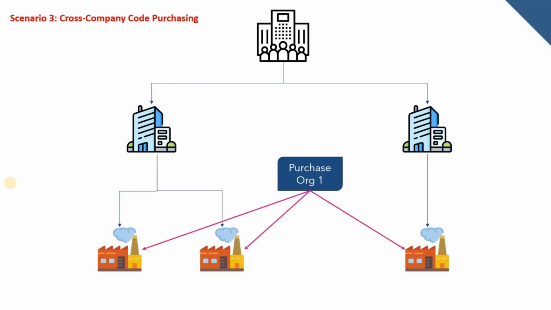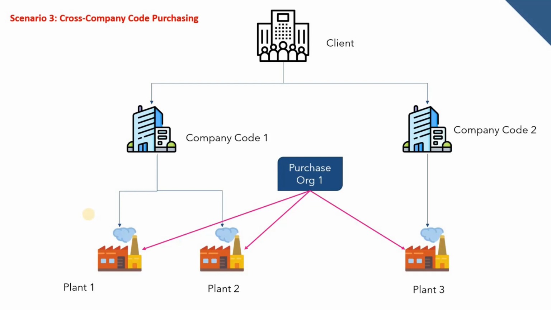Scenario 3 is cross company code purchasing. As the name suggests, in the previous two scenarios, the purchase organizations were restricted to their company code only. Now in this case, there are no restrictions. Purchase organization 1 can procure the materials or services for plant 1, plant 2 and plant 3.